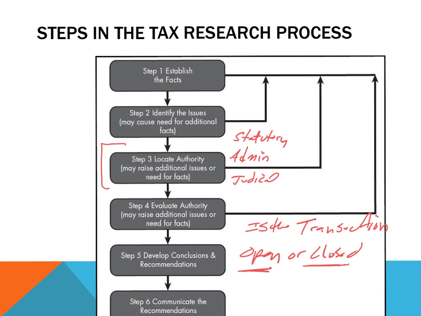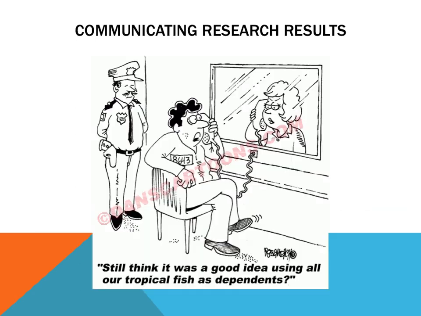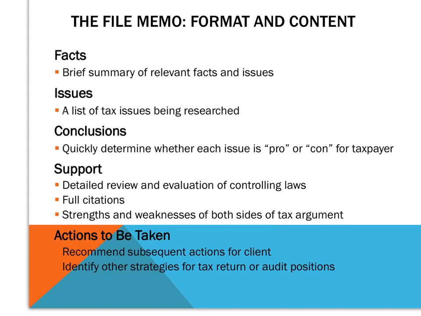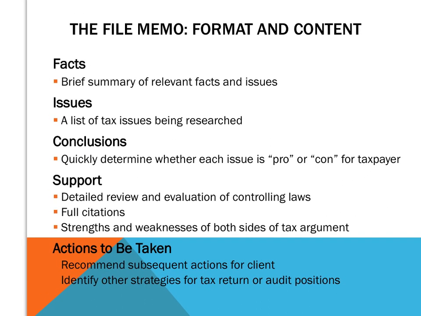Okay? So the next chapter that we talk about is all about how we communicate those recommendations. All right? So let's just head in that direction. All right? So communicating research results. All right, so let's talk about the file memo, okay? And so this is really going to be a pretty standard format, okay?